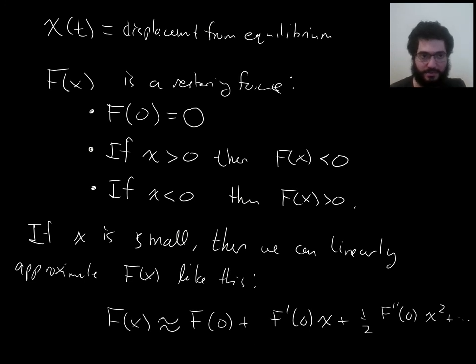That would be the Taylor series. But when f is assumed to be a restoring force, well, f of 0 is 0, right? So thanks to this fact that x is in equilibrium, f of 0 is 0, we don't have this, right?